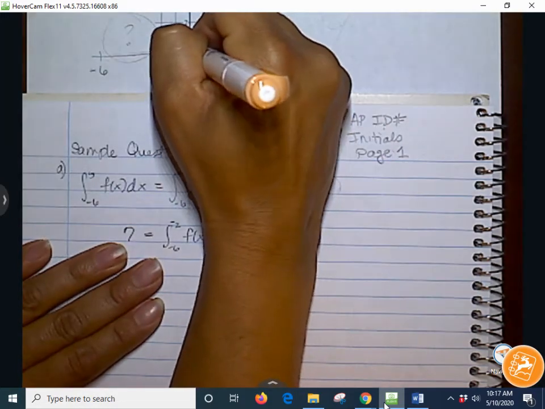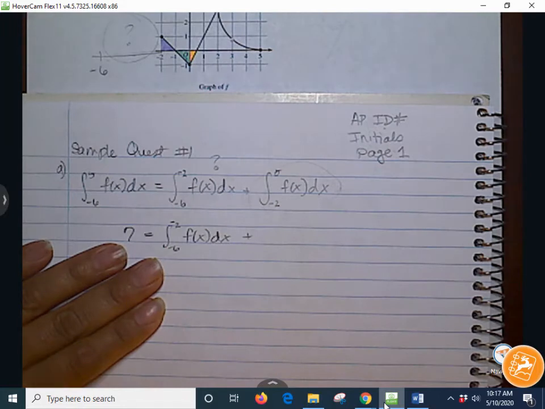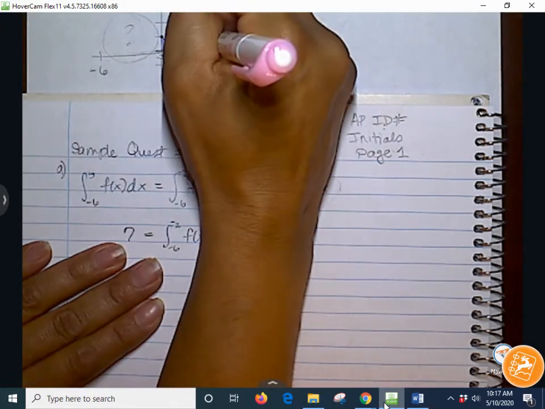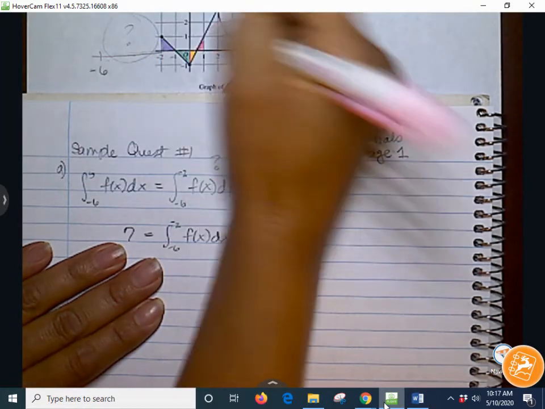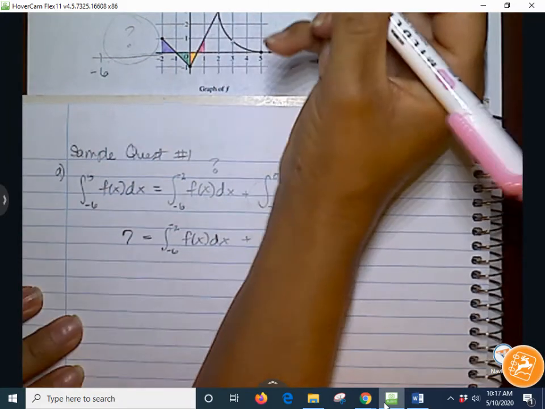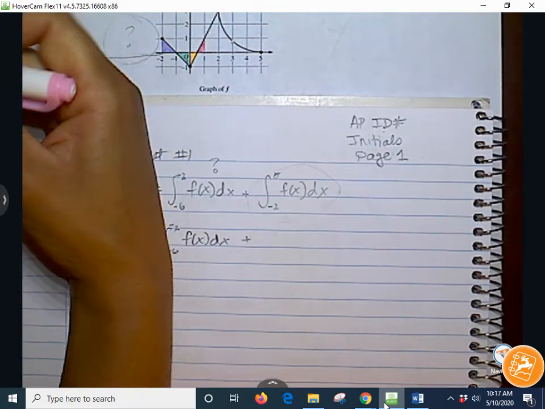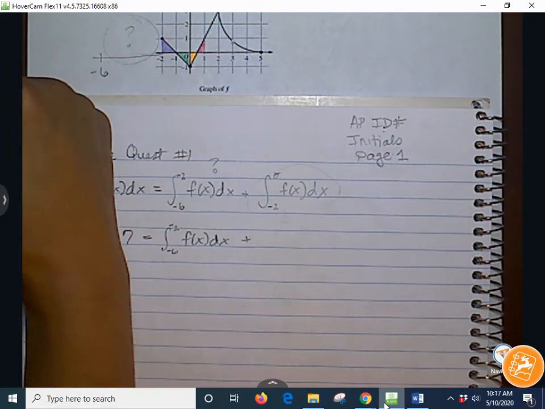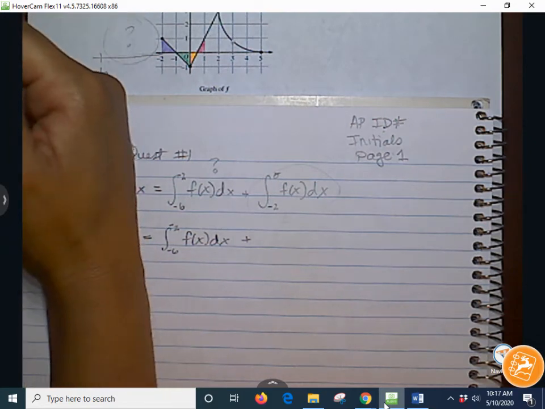And I can see that's the same for this one here and this one here. So, since I'm summing all of this up together, excuse me, I need to put these all back. All right.